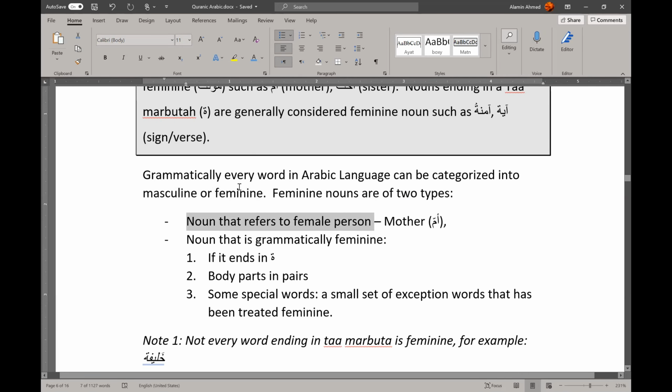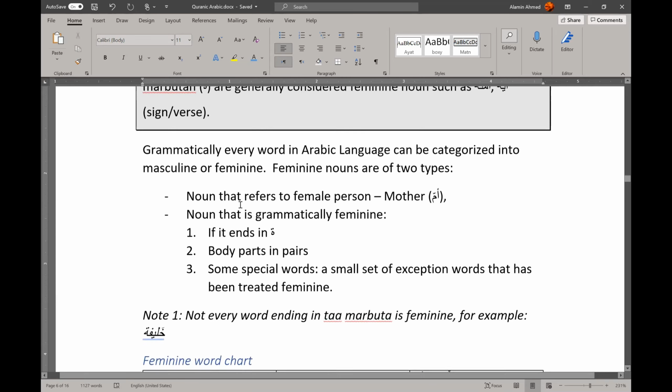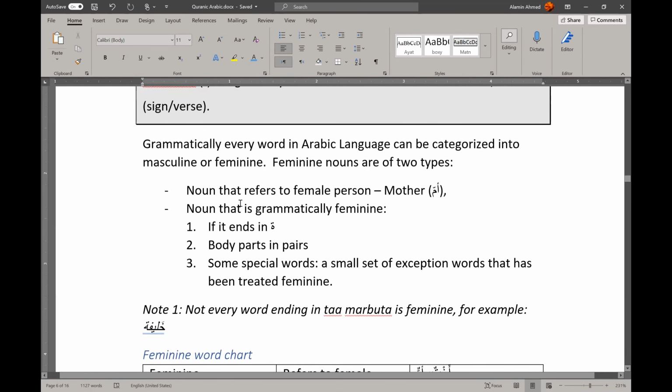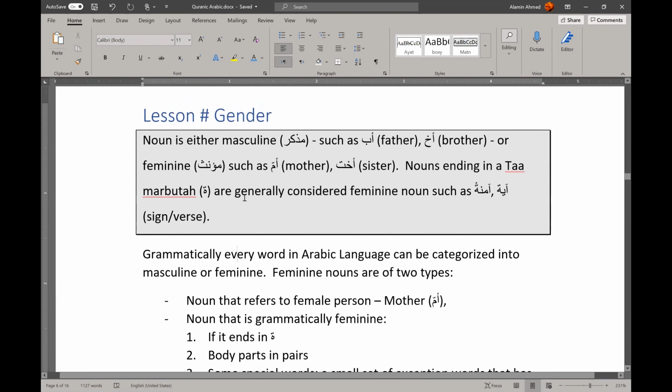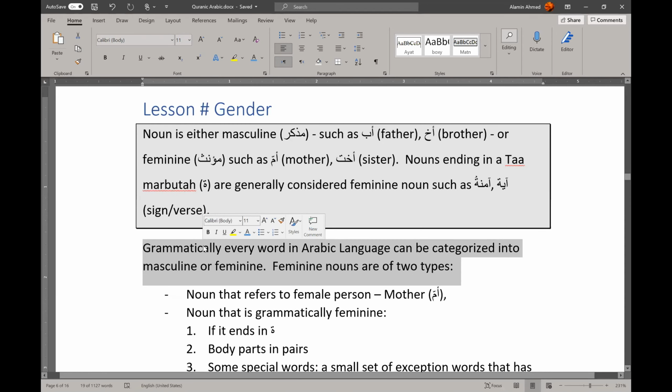We're not talking about masculine here because masculine is the default, so we don't study the default. For example, if Allah is going to say what is halal or haram, everything is halal. Allah will only tell you what is haram, so we only have to study what is haram. We don't have to think about what is halal, because there are just too many of them.